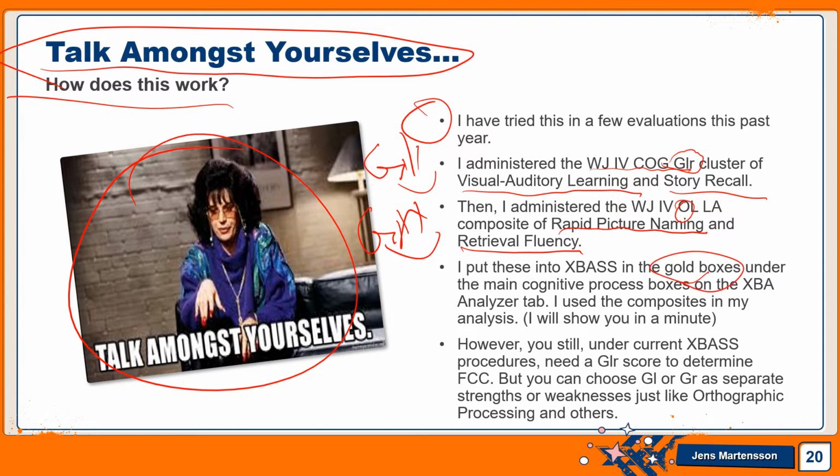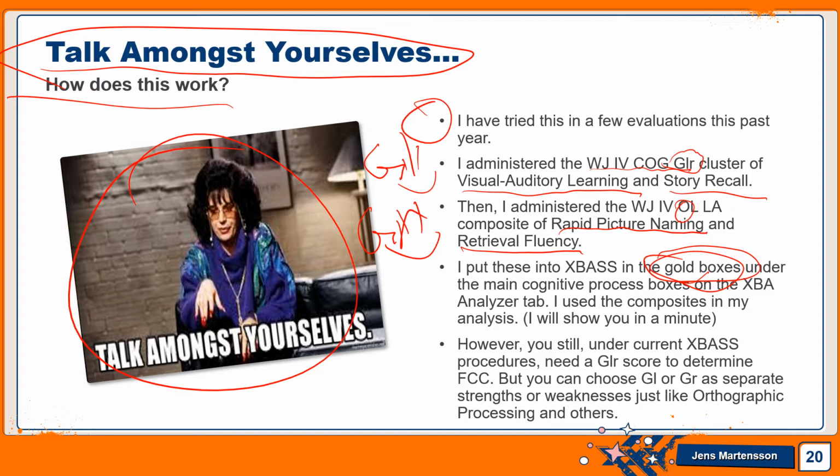I don't know how familiar you are with XBASS, but when you go to the XBA analyzer, and I'll show you here in a minute, you have to scroll down farther on the page and you come to these gold boxes. The gold boxes have retrieval fluency, learning efficiency, orthographic processing, speed of lexical access, all of these other areas. And you can actually put test scores in there and get a composite for those. I don't know if you knew that.